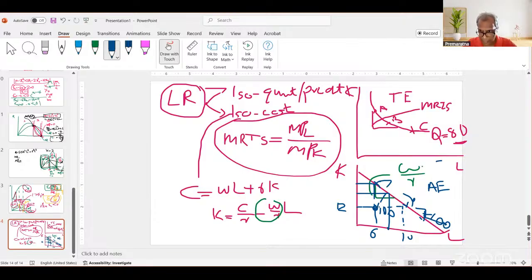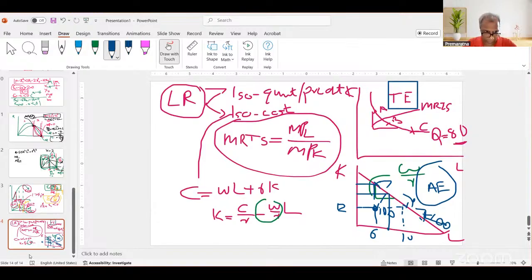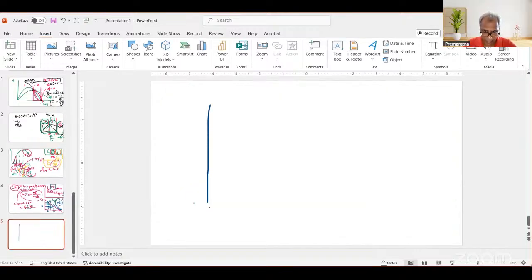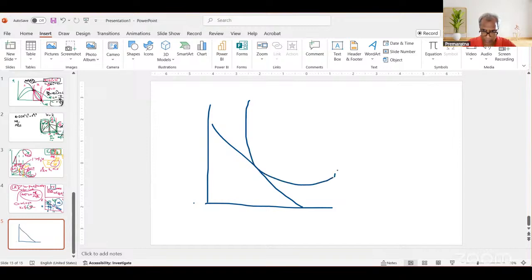Now you can see the isocost side gives allocative efficiency, and the isoquant side gives technical efficiency. What economists do is merge these two. The isocost curve gives allocative efficiency and the isoquant curve gives technological efficiency.